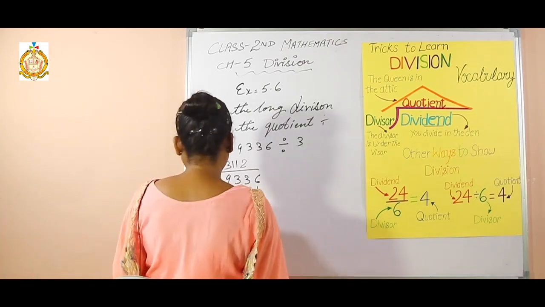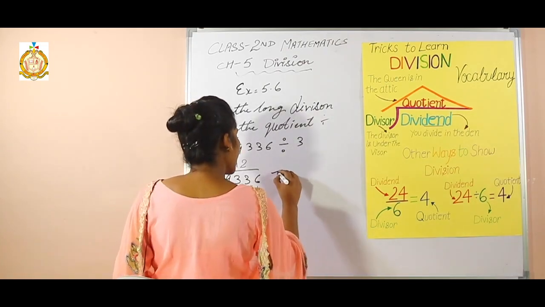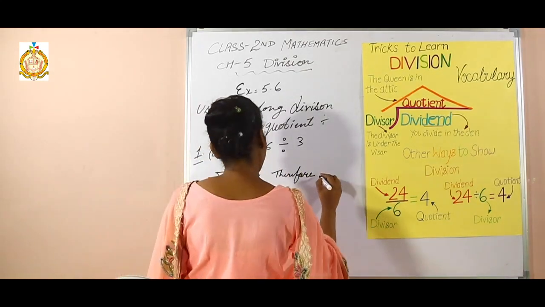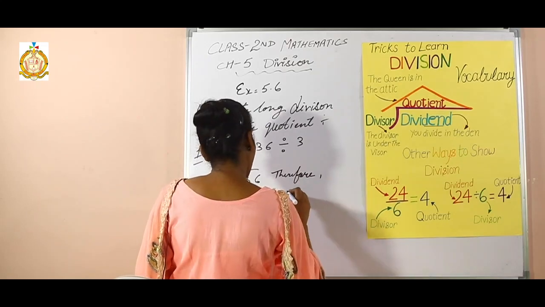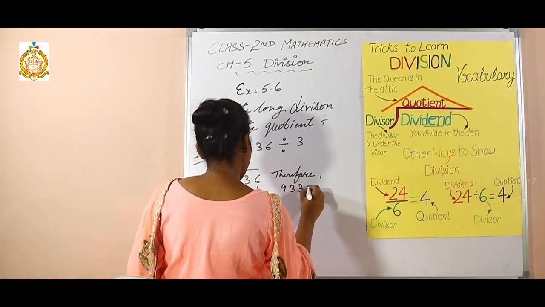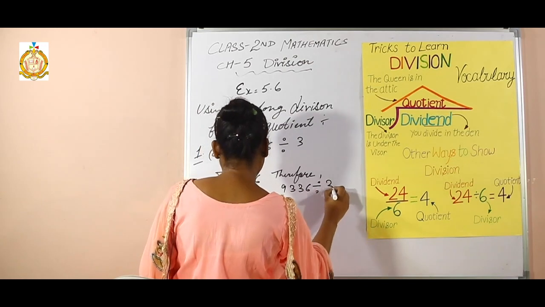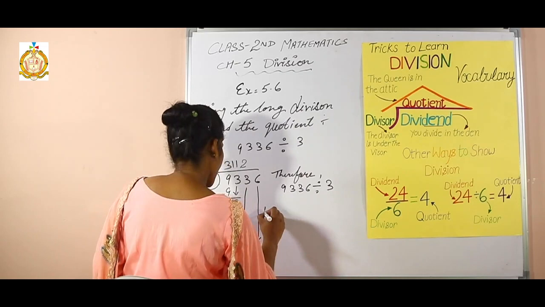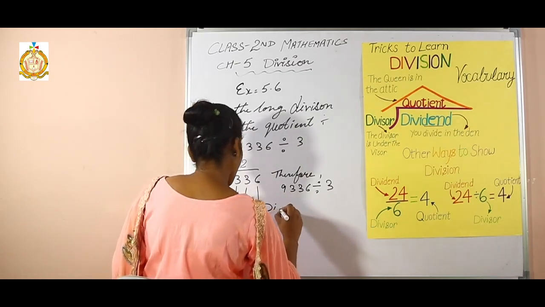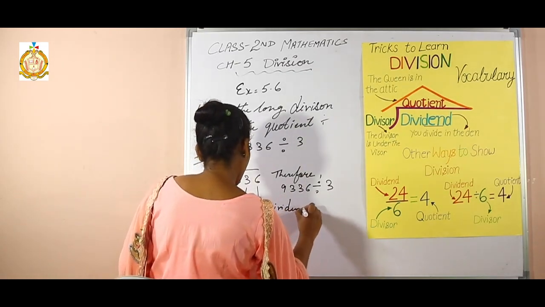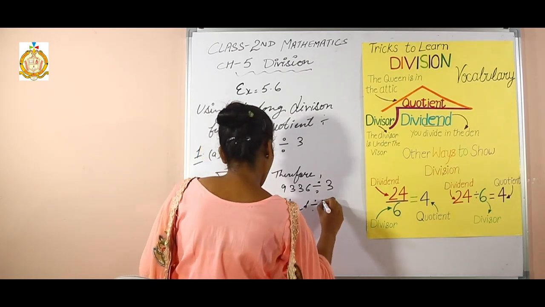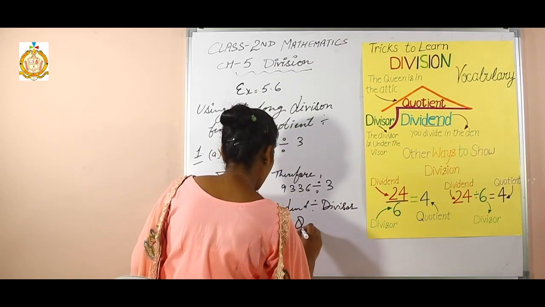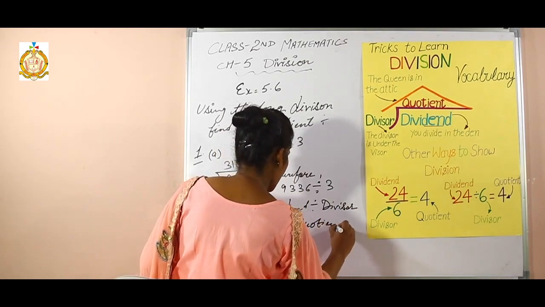So here we need to find the quotient. You should write here: therefore, 9336 divided by 3, with the dividend, divisor and quotient.